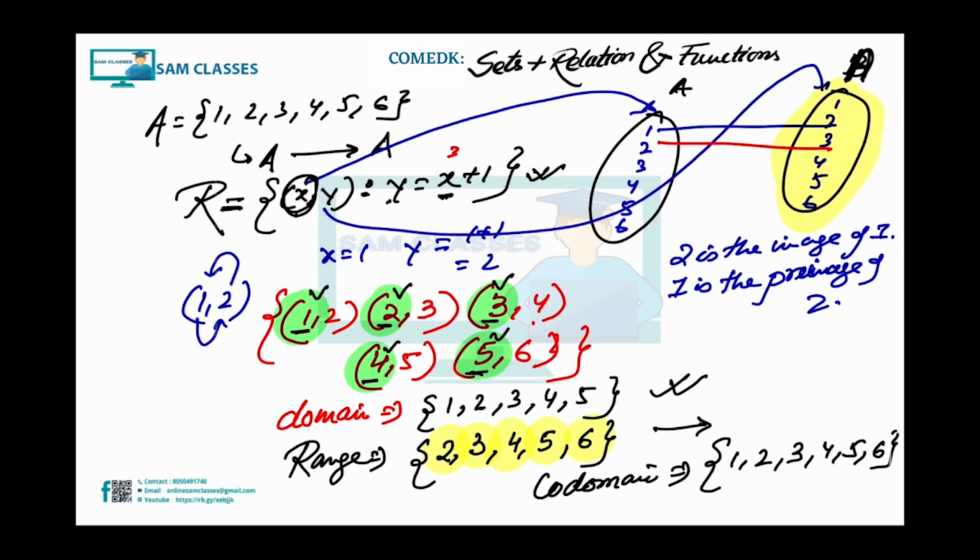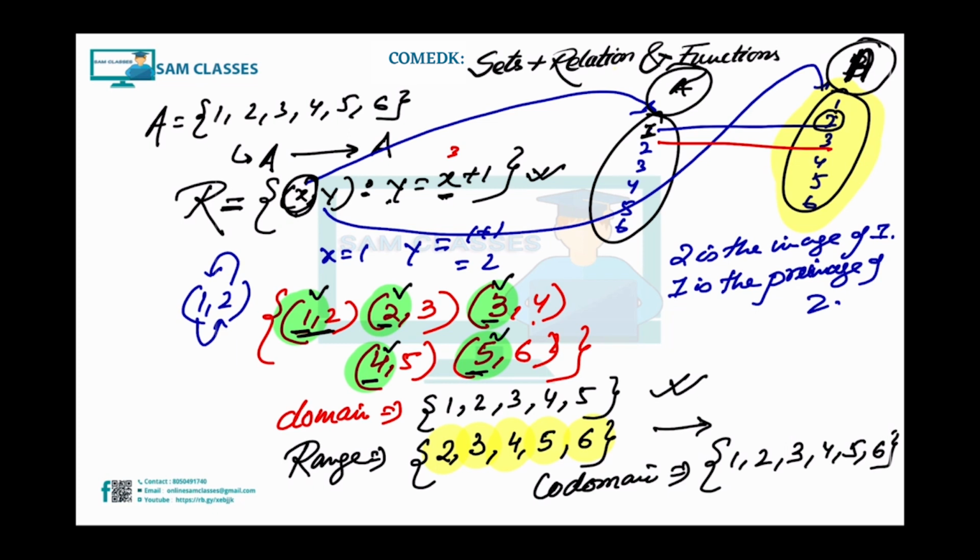So x elements are taken from the first set A, and y elements are taken from the second set. Now when we substitute x equal to the first element in set A, 1, we get (1, 2). So we said that the matching was there between 1 and 2, and 2 was called the image of 1 and 1 was called the pre-image of 2. Till now this much is clear.